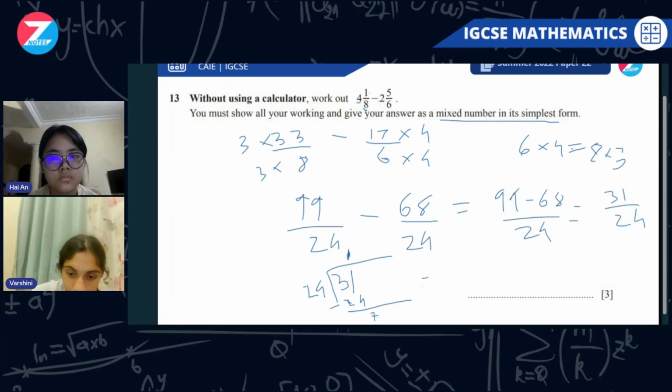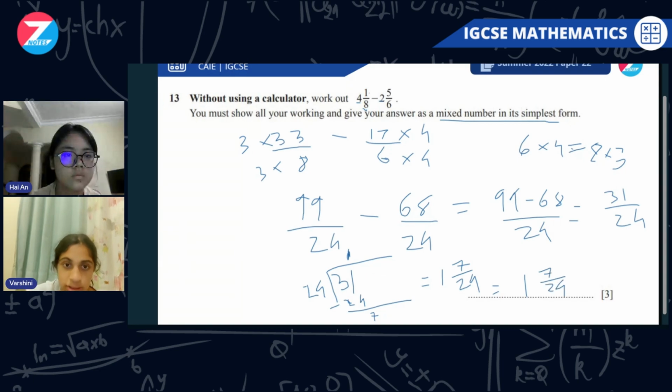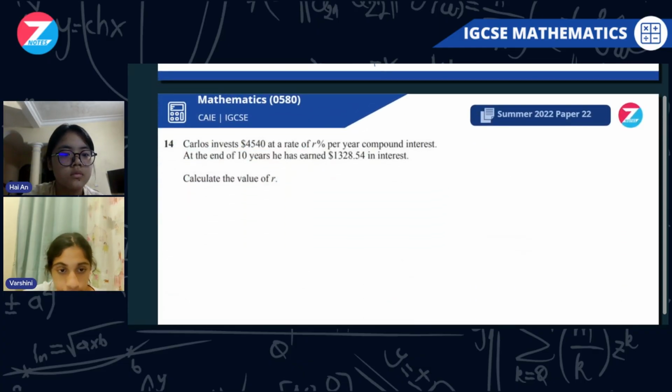So it's going to be 1, 7 by 24. And that is our final answer. And if you're unsure, you can always put the initial thing in your calculator and recheck your answer to make sure it matches.